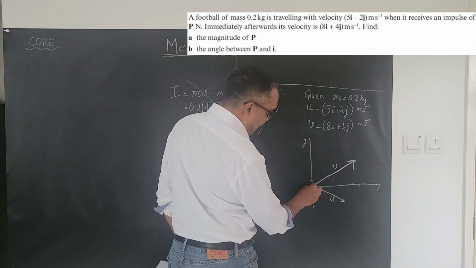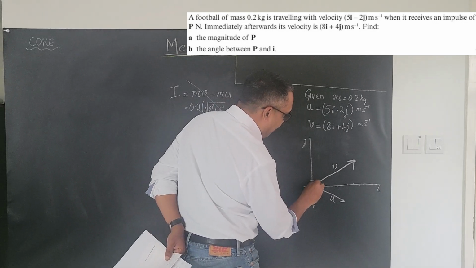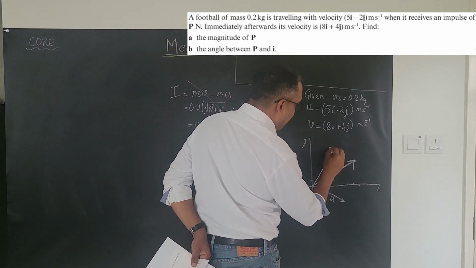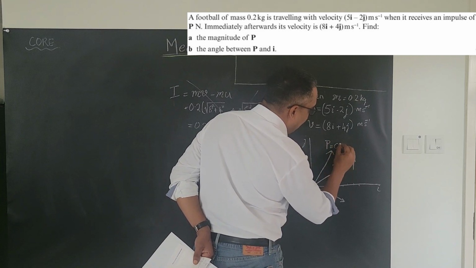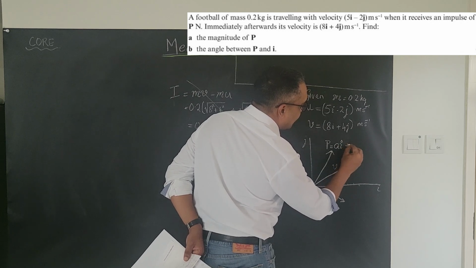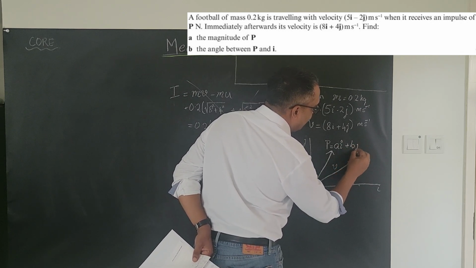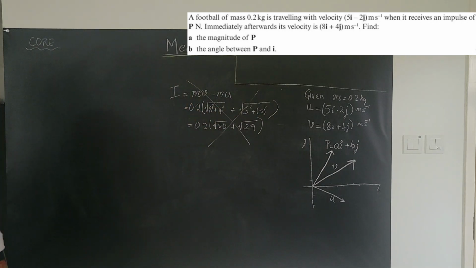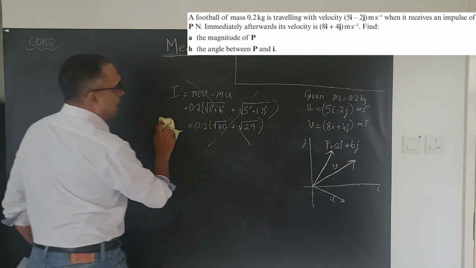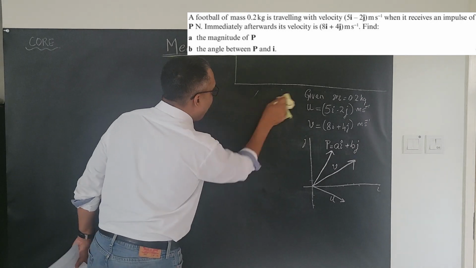Here's how I would approach it. I would put in another vector here called P is equal to AI plus BJ. That is the vector. And here's how I would start off this problem. Let me take this off.